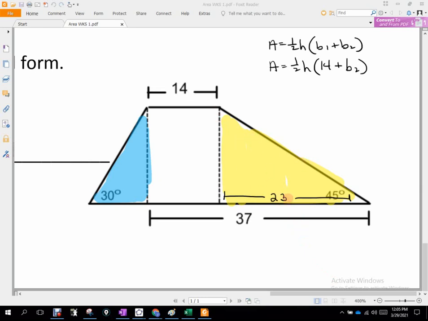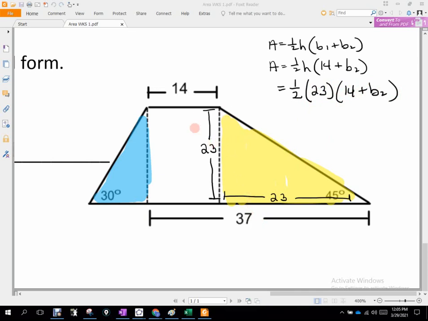What kind of triangle is this yellow triangle? 45, 45, 90. So, what is that distance? 23. And what was that in our formula? That's the height. Still don't know what base 2 is. Okay?